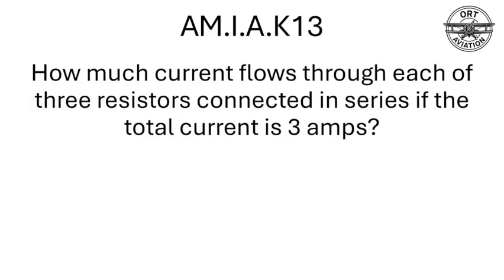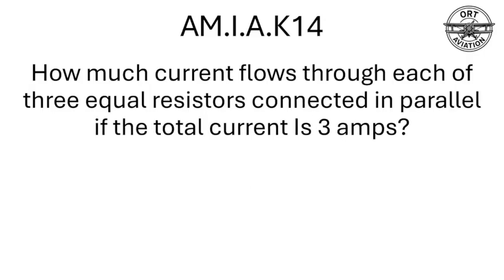How much current flows through each of 3 resistors connected in series if the total current is 3 amps? 3 amps. How much current flows through each of 3 equal resistors connected in parallel if the total current is 3 amps? One amp.